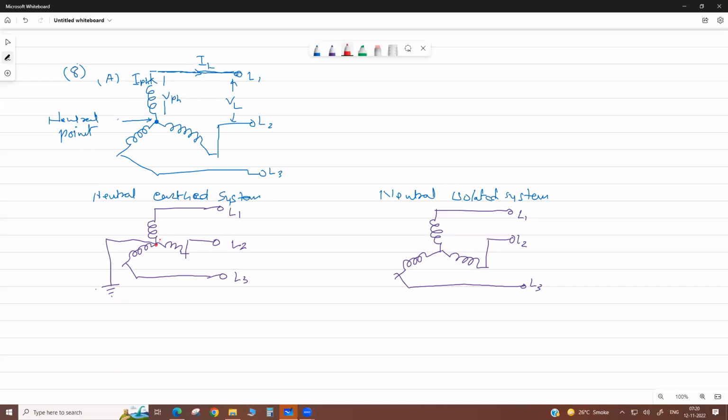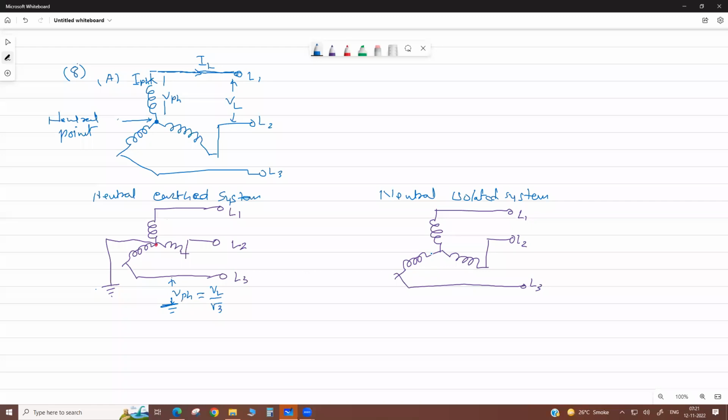Now, with respect to this neutral, the voltage across a line is the phase voltage. So in this system, if we check the voltage between any line and ground, it is the phase voltage, which equals line voltage divided by √3.